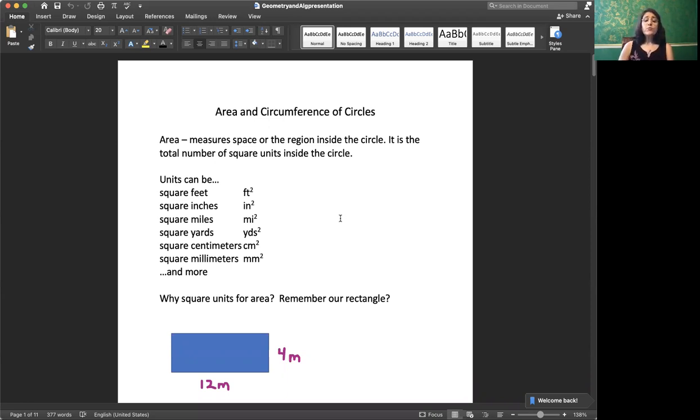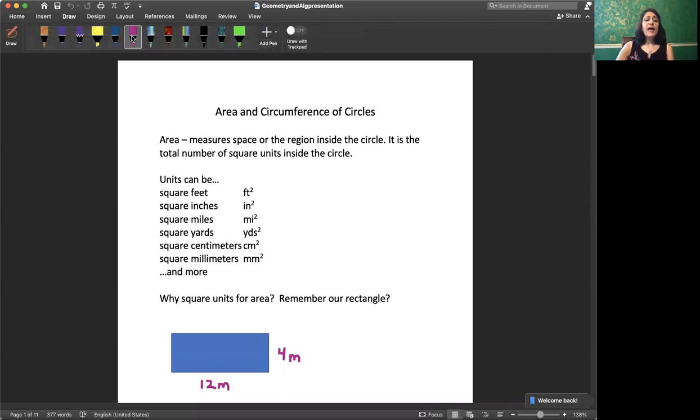So remember when we had our rectangle and we had to find out the area. And remember that was what class? Length times width, right? So we had 12 times 4, and that was 48. And remember we had meters times meters.